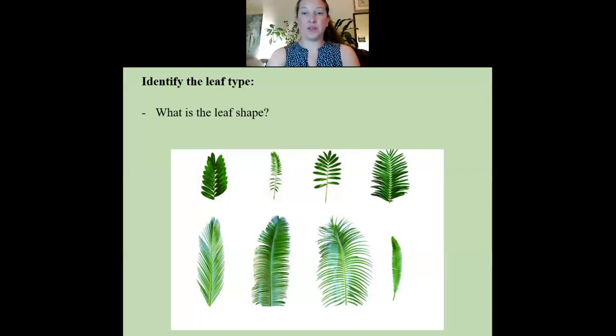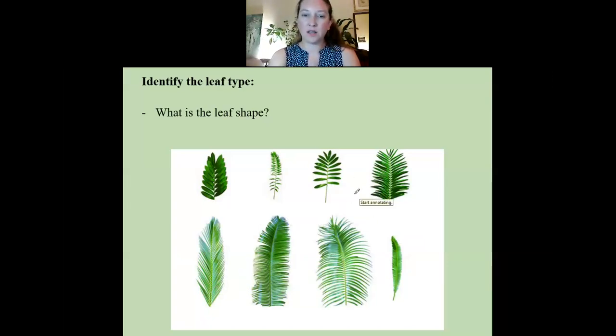Well, the first thing you've got to think about is, is this a simple or a compound leaf, right? And all of these leaves are examples of compound leaves, because there's more than one thing above the petiole. For some of these, it might be a little difficult to see, like the bottom three on the left.